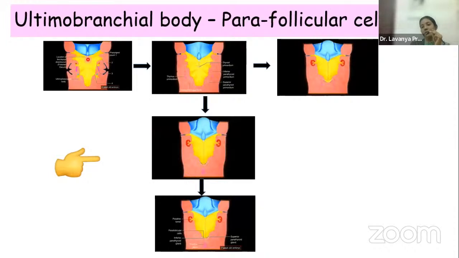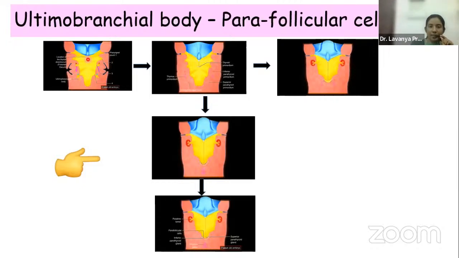Just dorsal to it, we have the tuberculum impar, which lies in between the first and the second pharyngeal arch. Dorsal to the tuberculum impar, we have the appearance of surface mesodermal proliferation cells, which later becomes the foramen cecum. This proliferation ends up in the formation of an evaginating structure. We call it the thyroglossal duct.